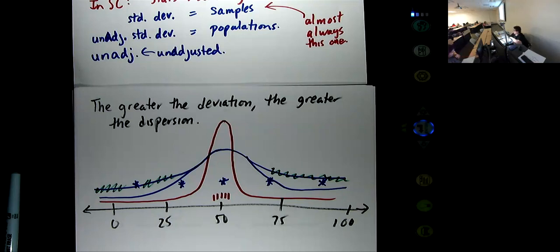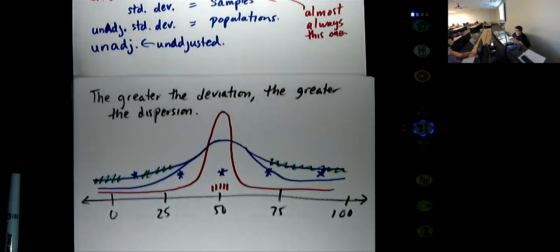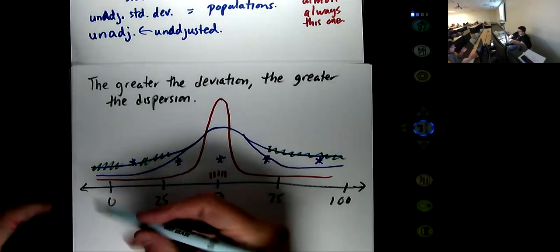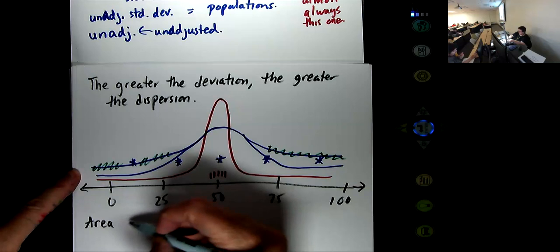It's kind of interesting on a bell curve, believe it or not, the area under every bell curve is 1.